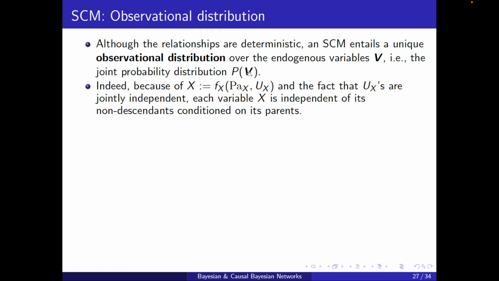Now, what can I say about this P of V? Well, indeed, because x depends only on its parents and its exogenous parent, and also the fact that the exogenous parents are jointly independent, I can conclude that each variable x is independent of its non-descendants conditioned on its parents.